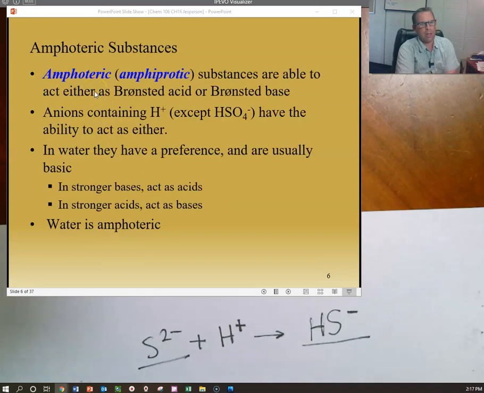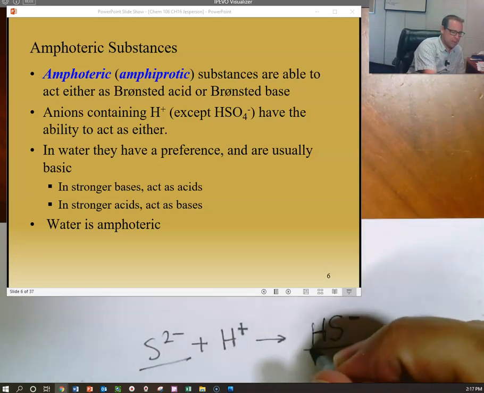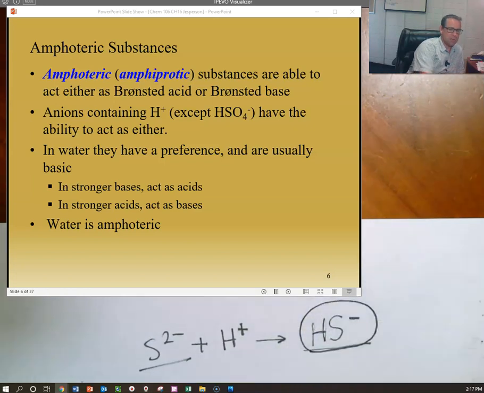Amphoteric is a word that means the molecule can go both ways. It can both give a proton and receive a proton. HS minus is an example of that.